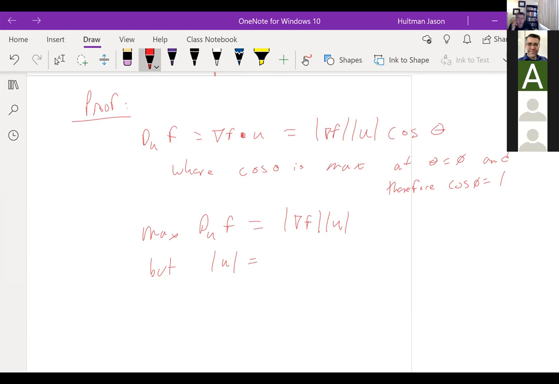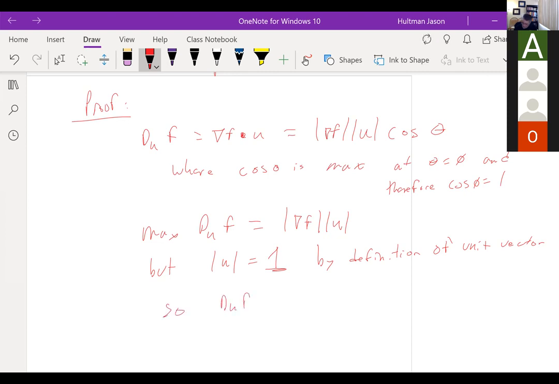Does that make sense? So u is a unit vector. What's the magnitude of a unit vector? 1. There you go, 1. So this is by definition of unit vector. Okay, u is a unit vector. The magnitude is 1.